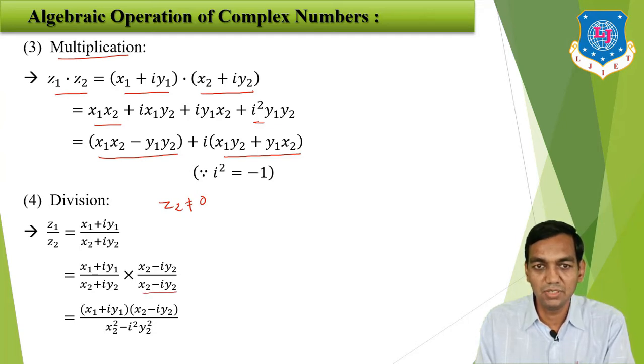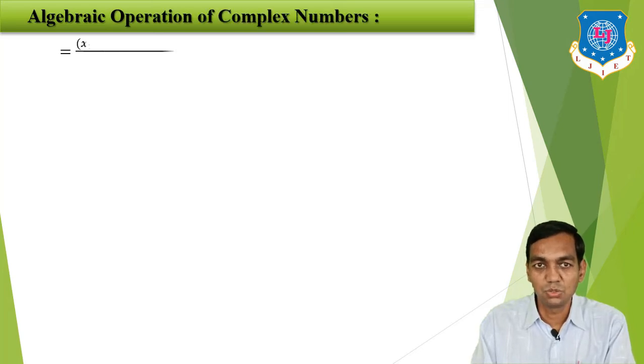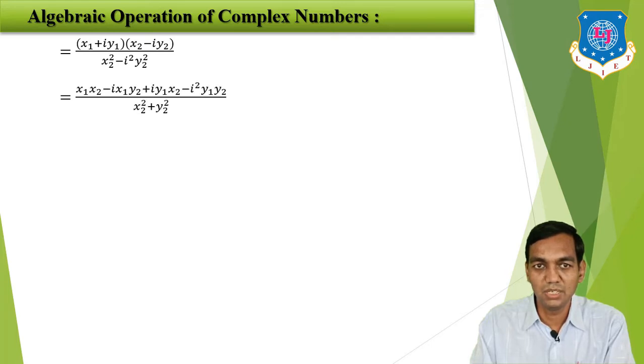So you will have (x1 plus iy1) into (x2 minus iy2) upon x2 square minus i square y2 square, because this is (a plus b)(a minus b), that will be a square minus b square. But i square is minus 1, so minus minus gives plus. So in the denominator you get x2 square plus y2 square.